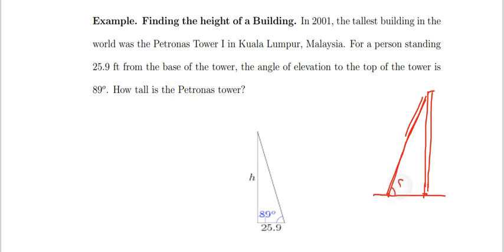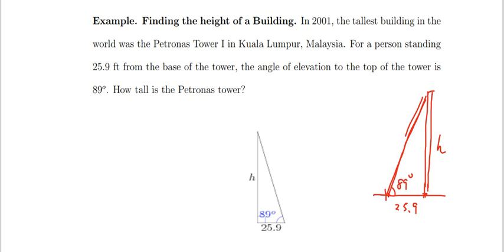Suppose this angle is 89 degrees, almost 90 degrees, and we can find this distance is 25.9 feet. Then we want to find this h.